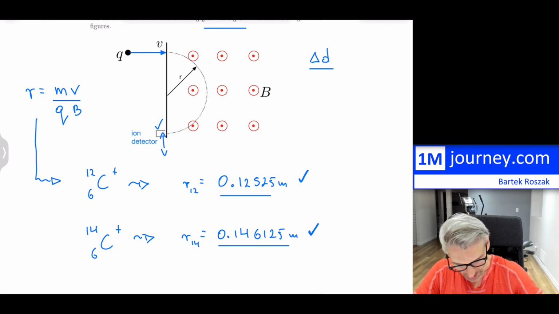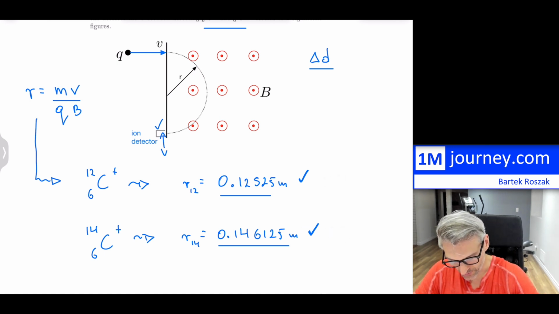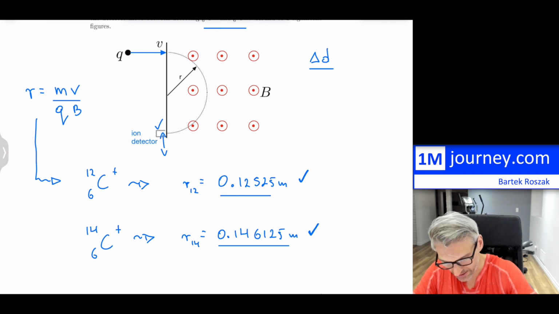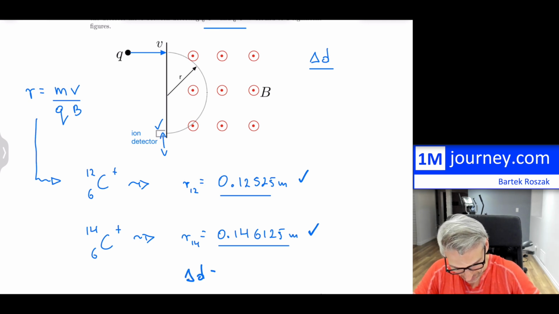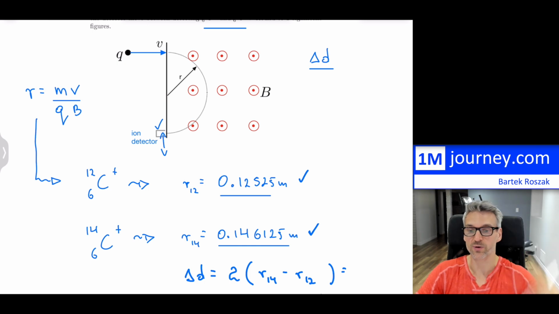So this is doubled because it's the diameter. Therefore, the difference will be twice, because of the diameter, the radius of the 14 minus the radius of the 12. Let's substitute that in and find out what the answer is.